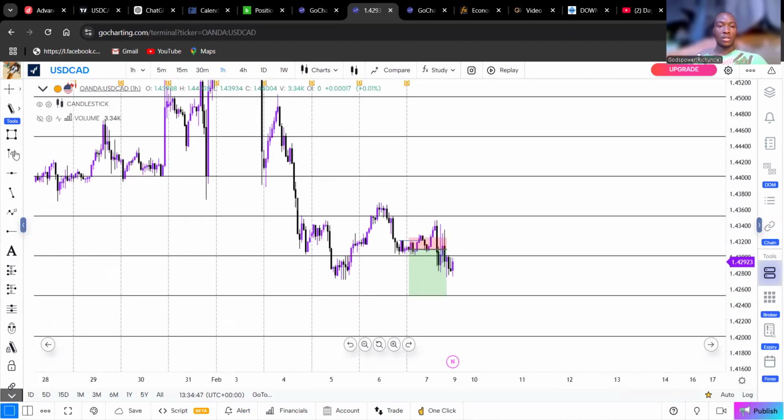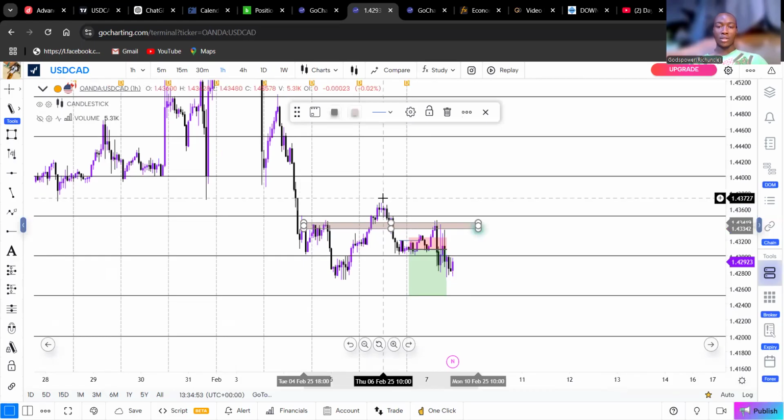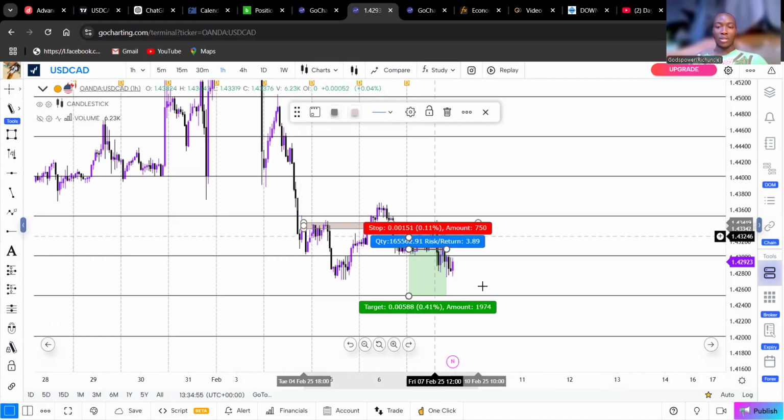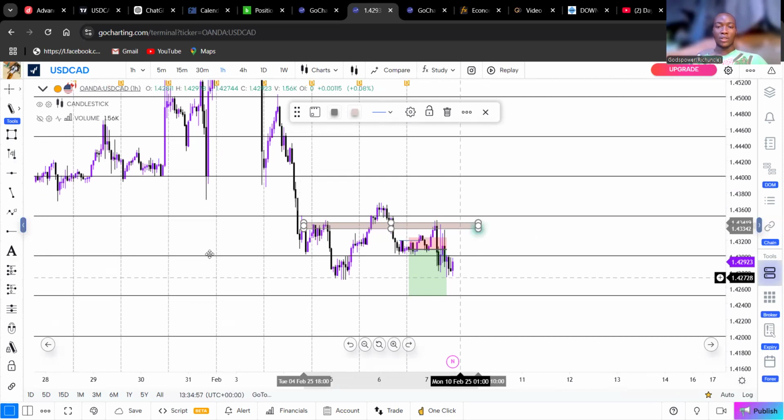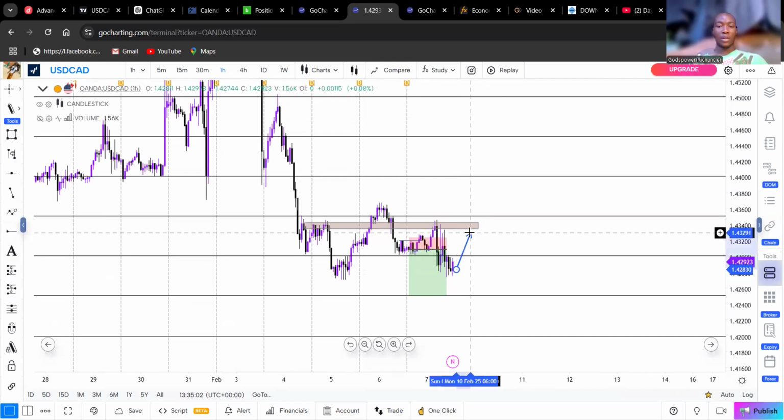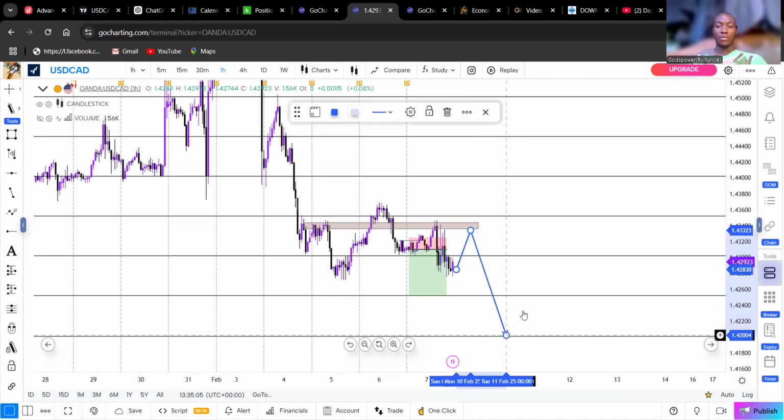If you can see, this is a head and shoulders pattern. This is the left shoulder, head, and right shoulder. There's still opportunity for this market to go back up again before going down.